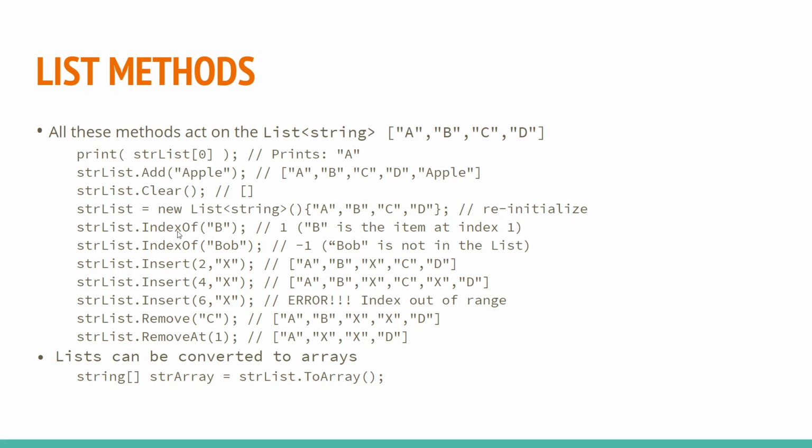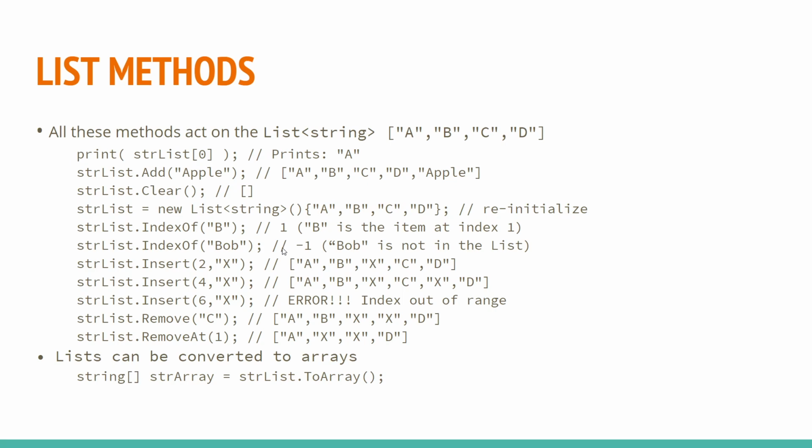We can ask for the index of a specific item, by what should be in the name. So it'll actually go through and search the elements of that list until it finds one that matches. So if we ask for the index of B, it would return 1. That's the index there. If we ask for the index of Bob or something that doesn't exist in the list, it returns -1.